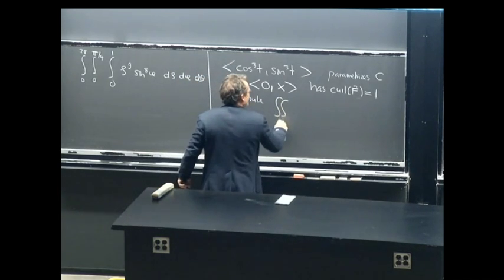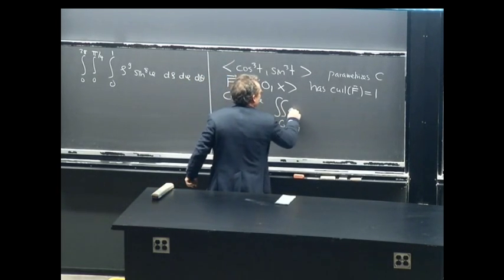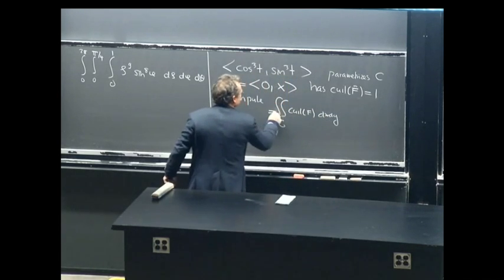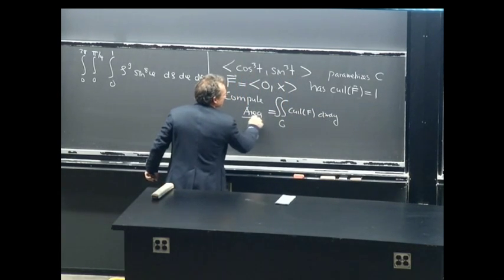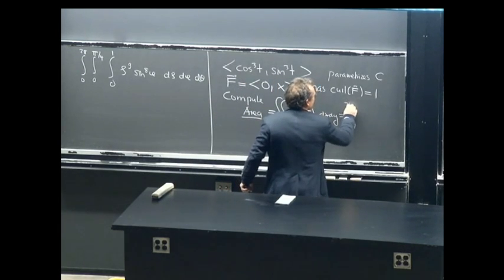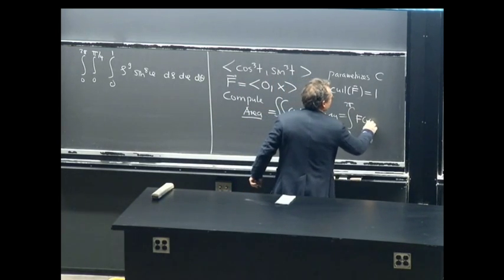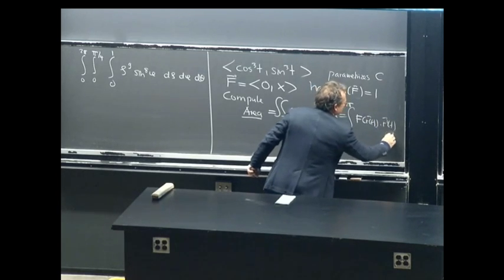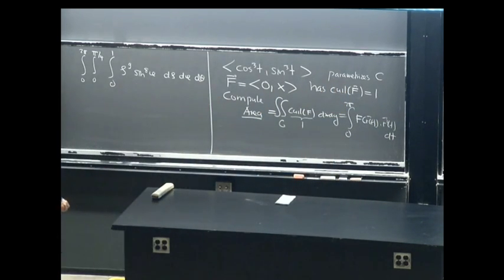And then we just compute the line integral. The double integral of curl of f dx dy is just the area, because the curl is equal to 1. And that's then the line integral from 0 to 2 pi of f of r of t times r prime of t dt. So now we just have to compute the line integral.